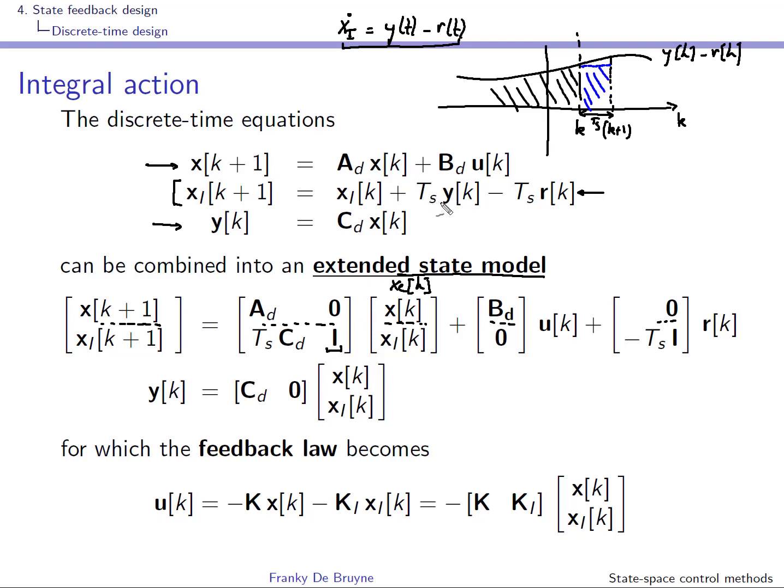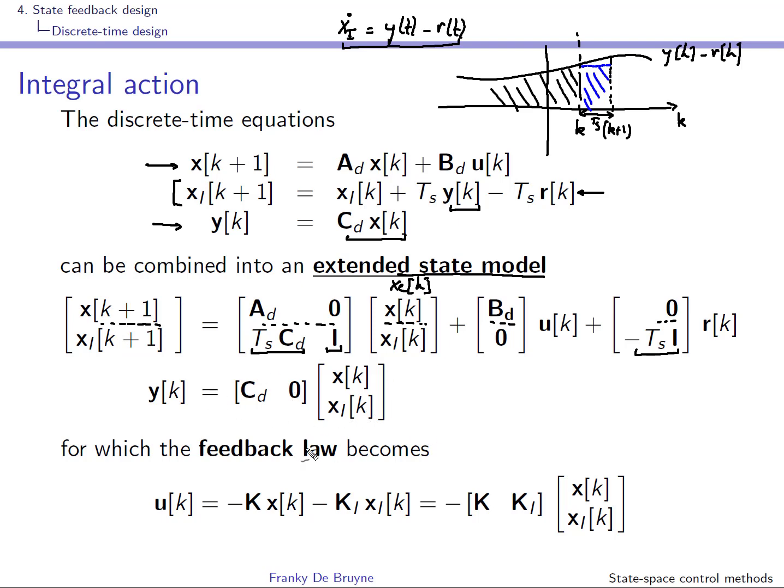You have Ts yk, but yk, you see it over here, it's Cd times xk. So this is really Ts times Cd times xk. So this will lead to this term over here. There's no influence of the input, and there is an influence of the reference. So this explains the minus Ts I over here. Okay, and the output equation is really easy to obtain.